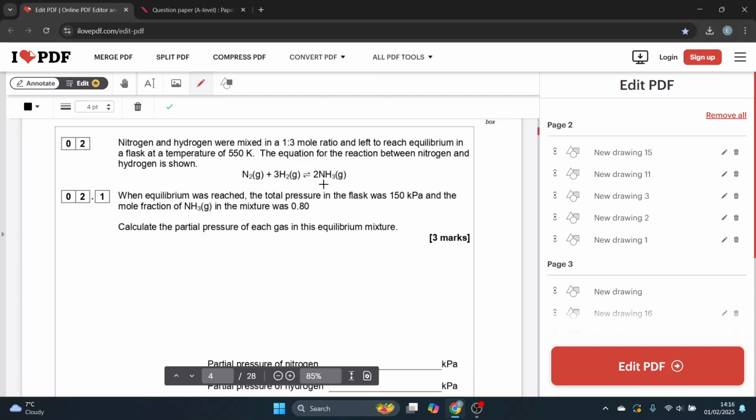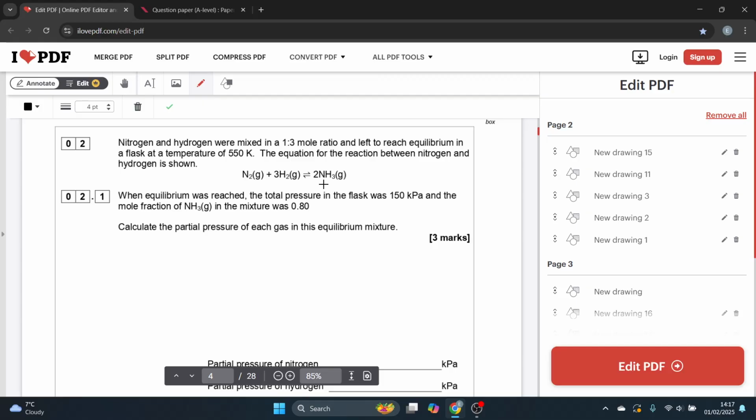Nitrogen and hydrogen in a 1 to 3 molar ratio, and I want to find out the partial pressure of nitrogen and hydrogen.